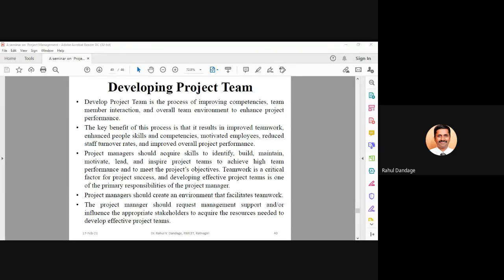Now let us try to understand the process of developing a project team. Simply saying that project team is important for any project is not important.